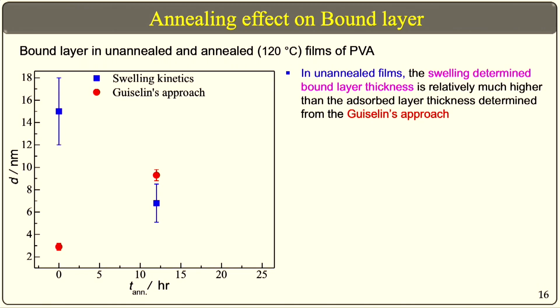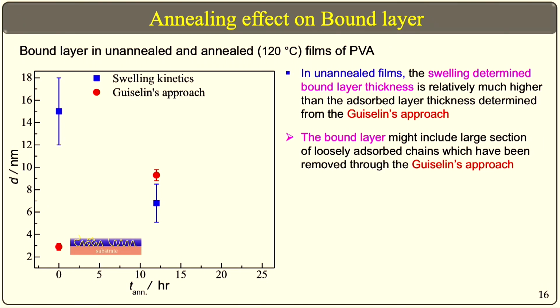Swelling kinetics shows that the bound layer should be about 15 plus or minus 3 nanometers. However, Guiselin's approach, a direct rinsing approach, says it should be about 2 to 3 nanometers. Some literature has found that these are so-called flattened layers, or something like a dead layer, which is very tightly bound near the substrate.